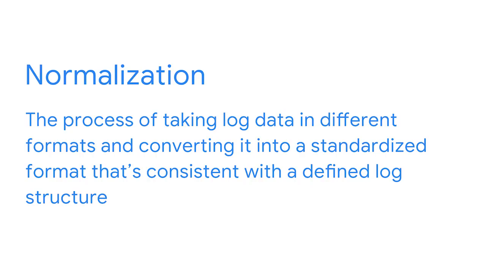As an IT support specialist, an important step you'll take in logs analysis is normalization. This is the process of taking log data in different formats and converting it into a standardized format that's consistent with a defined log structure. As an IT support specialist, you might configure normalization for your log sources. For example, log entries from our firewall may have a timestamp using a year, month, and day format, while logs from our client machines may use day, month, year format.